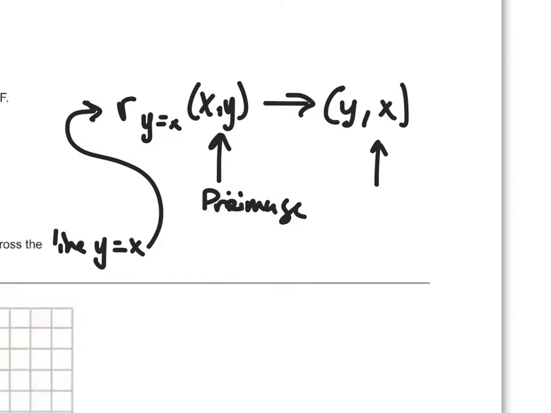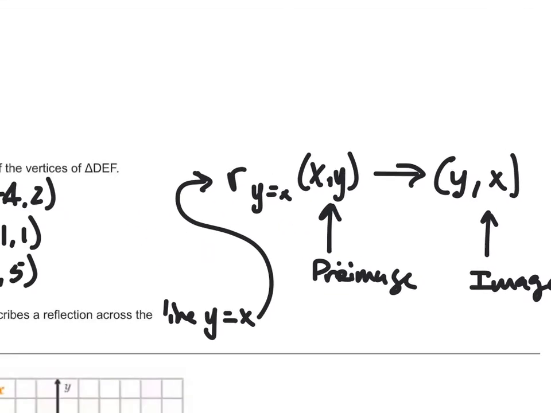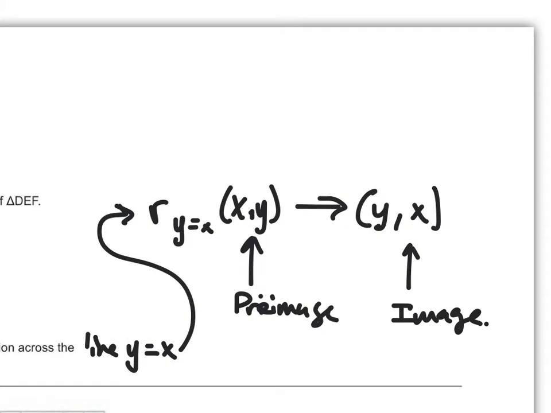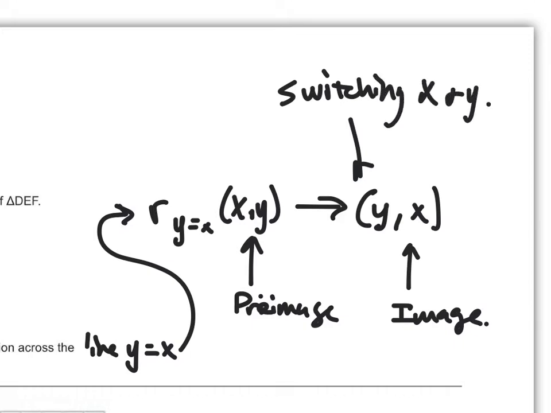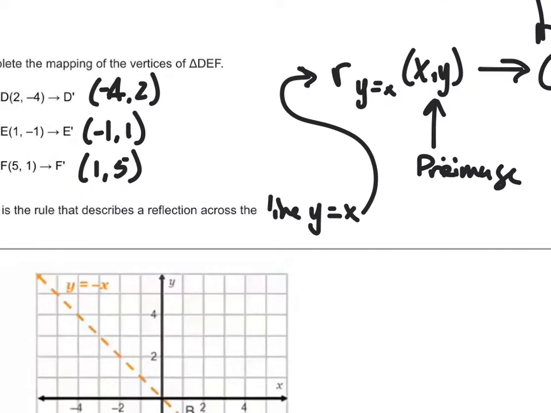Okay, and then this is going to be your image. And to get those new points, all you're going to do is just switch your x and y value. Okay, and so let's write that. All we are doing is switching x and y. All right, and that's it. Okay, let's take a look at the next one.